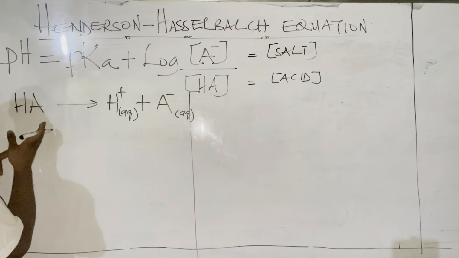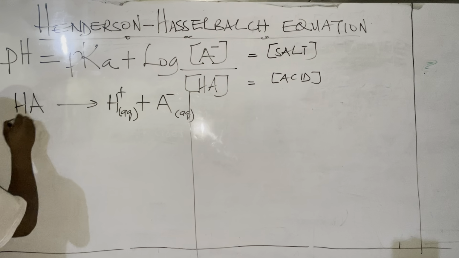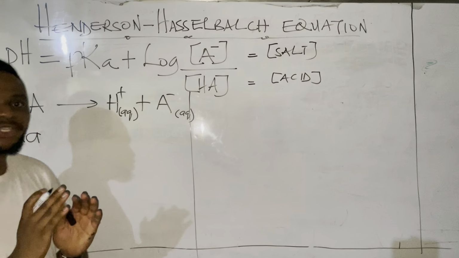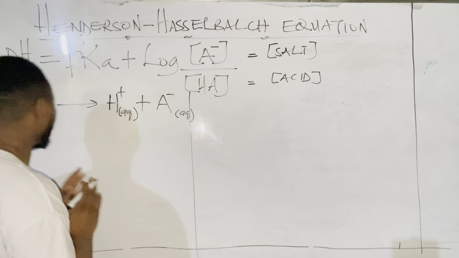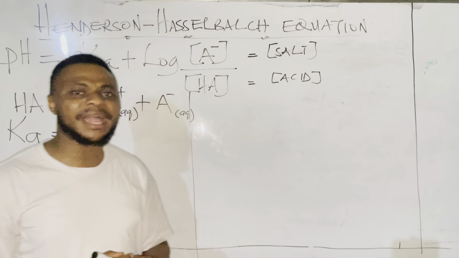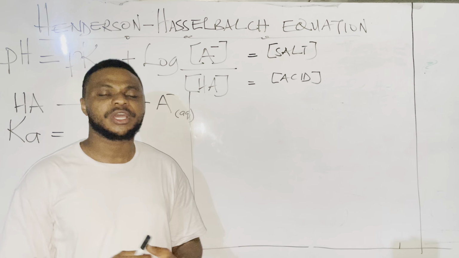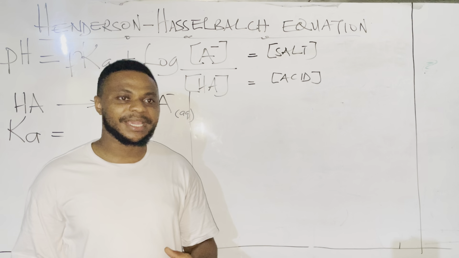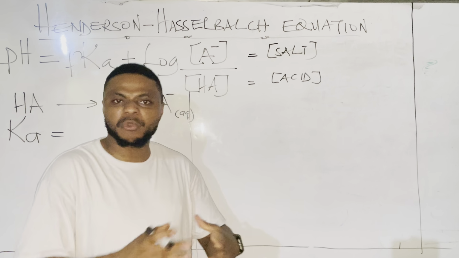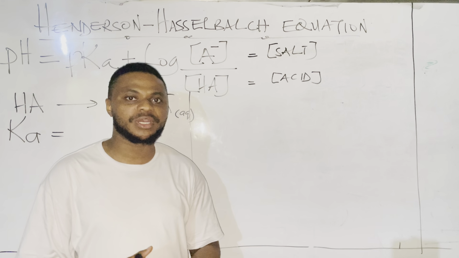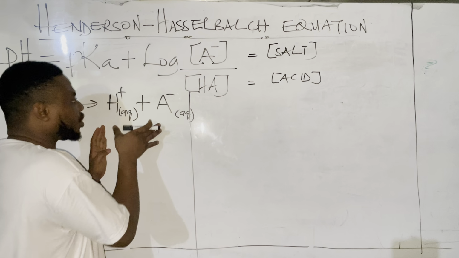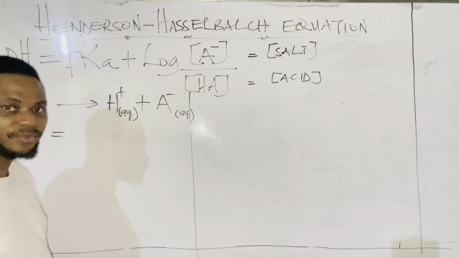So now you have to write the dissociation constant. Ka means acid dissociation constant. If you remember very well, in chemical equilibrium, when you want to write a constant for the equilibrium of a reaction based on the rate law, it is the ratio of the concentration of the products divided by that of the reactant.